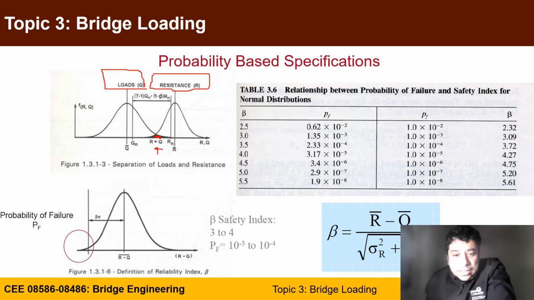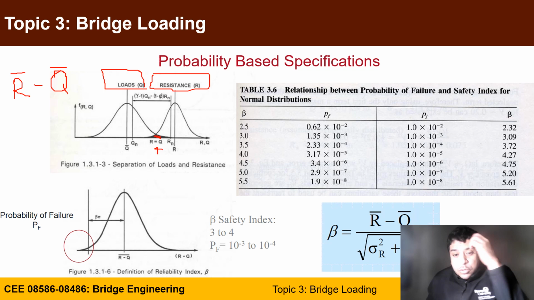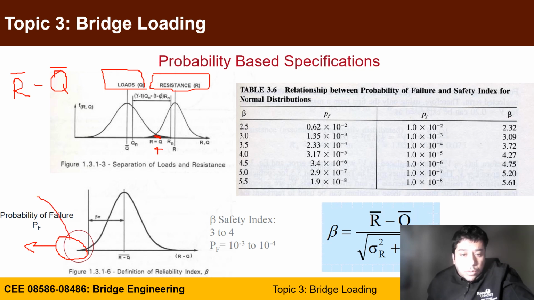You can take the difference function between R bar and Q bar, and you will develop your own distribution function. This part of the distribution function is where the failure happens, the probability of failure. For example, in this part of the curve, the loading Q will be higher than R.